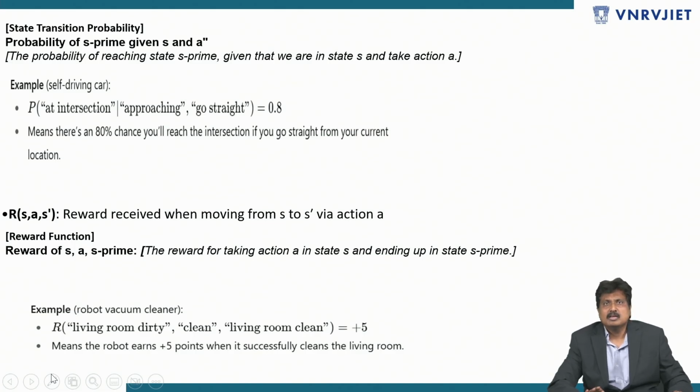For example, let's talk about a robot vacuum cleaner. R(living room dirty, clean, living room clean). Let's see how much reward the robot is going to get. The first parameter is the present state, living room dirty.